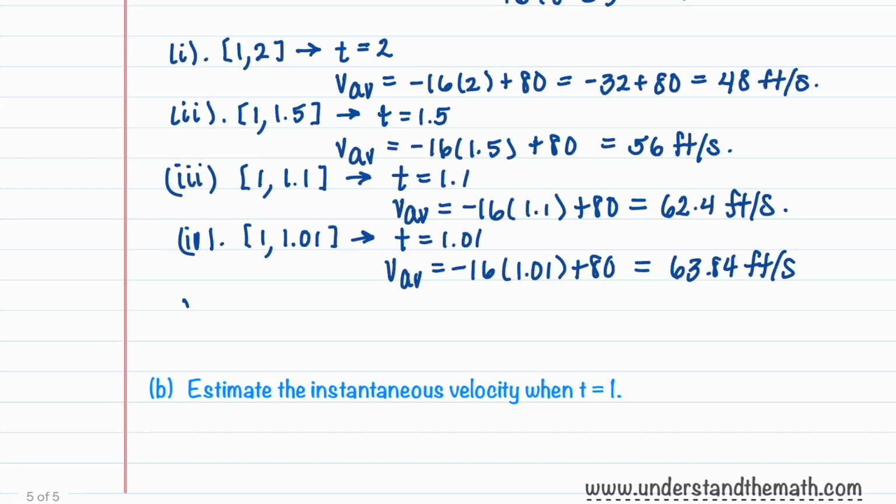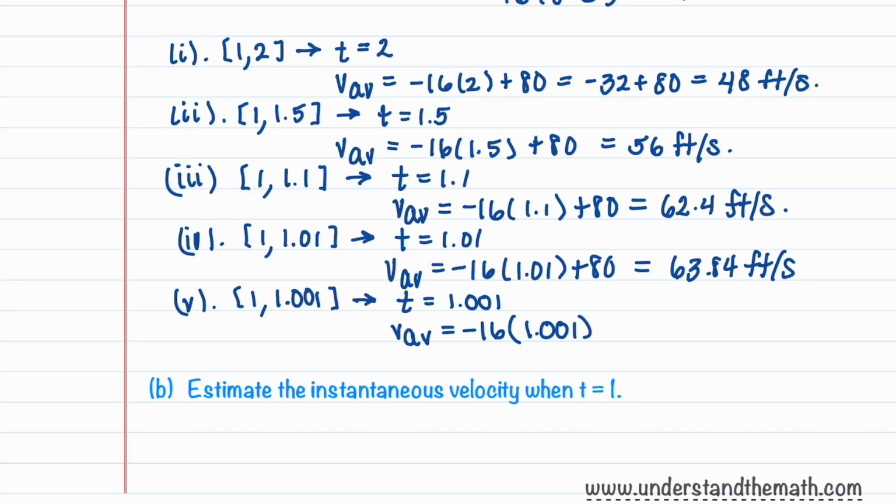Now let's look at our last interval. This is from 1 to 1.001. Our t is 1.001, and the average velocity is minus 16 times 1.001 plus 80, and we get a value of 63.99 feet per second.